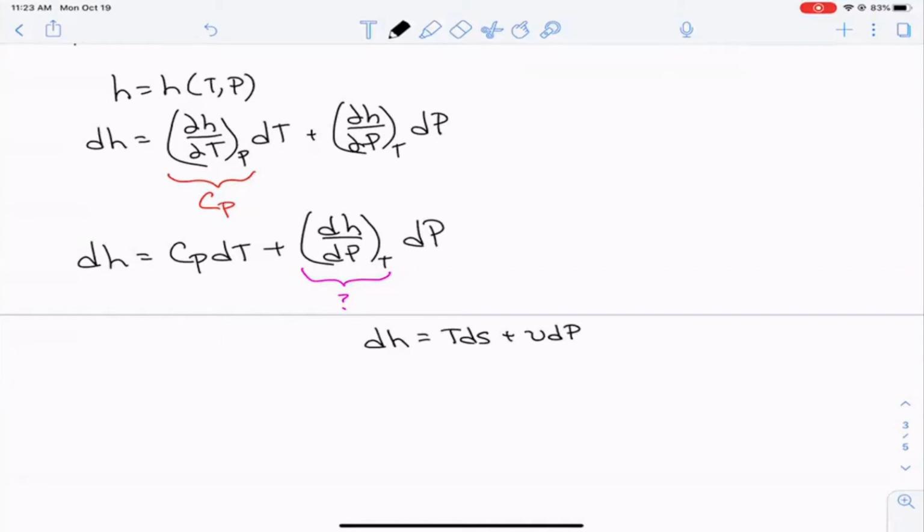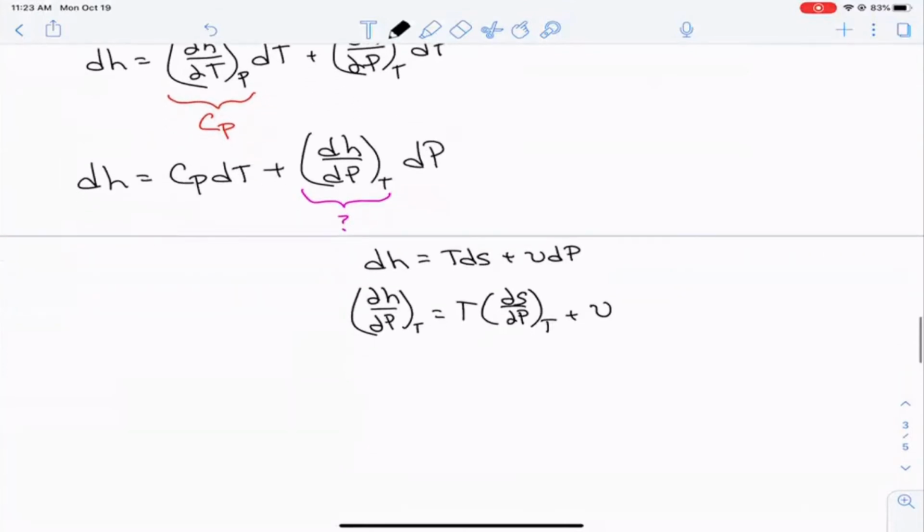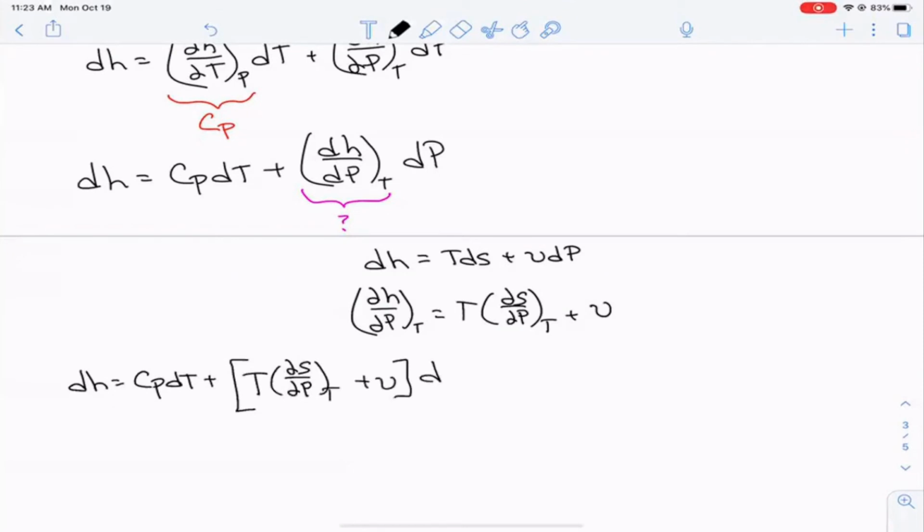And if that's the case, then (∂H/∂P) at constant T equals T times (∂S/∂P) at constant T plus V times dP over dP, which is just 1, just like it was in our previous example. And so now we have that dH equals Cp dT plus T times (∂S/∂P) at constant T plus V dP.